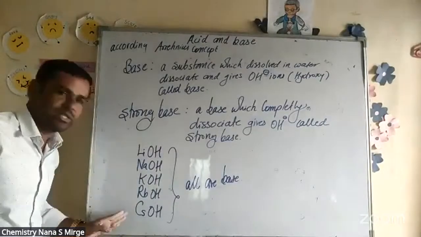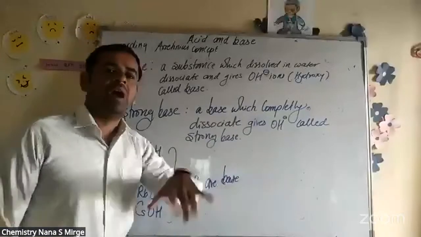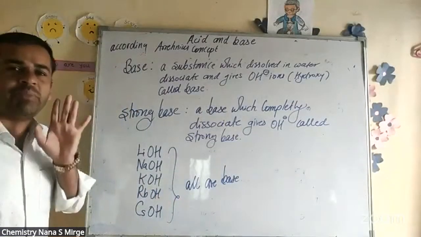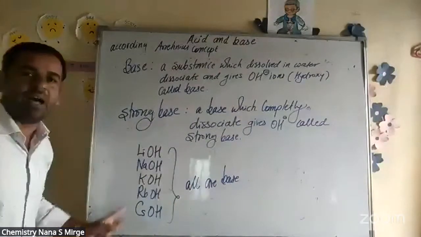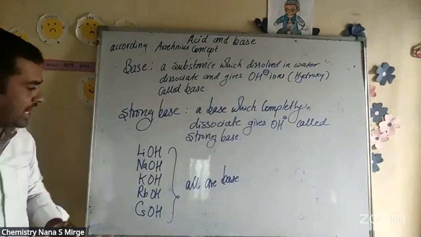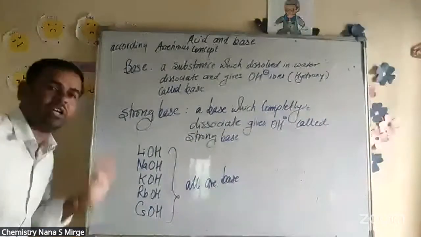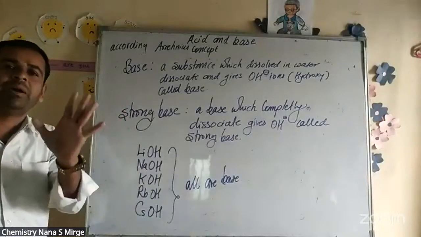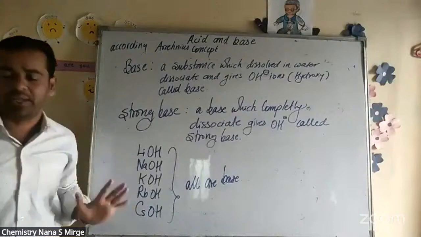Strongness depends on the dissociation, how readily it gives OH negative ion. मैंने क्वेश्चन आपसे ये पूछा कि ये जो मैंने लिखा है इसमें से आपको सिर्फ ये बताना है कि स्ट्रॉन्ग बेस कौन सा है, बेस तो सब है लेकिन स्ट्रॉन्ग कौन है?